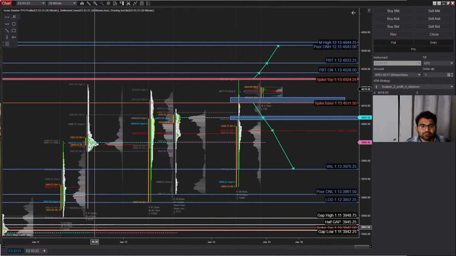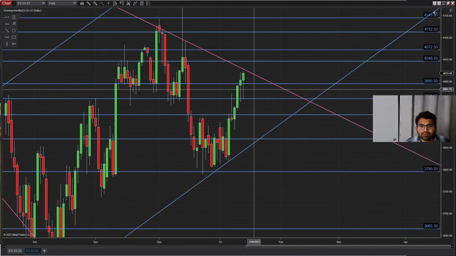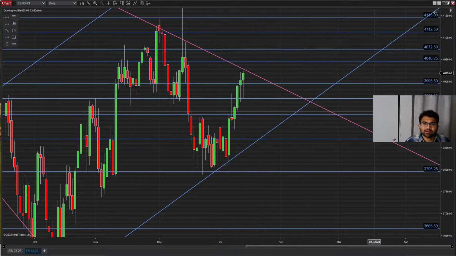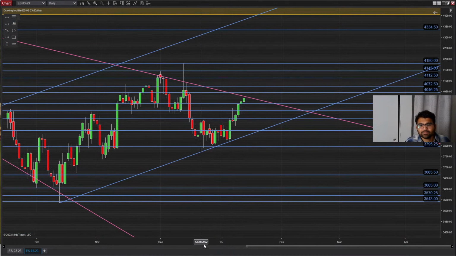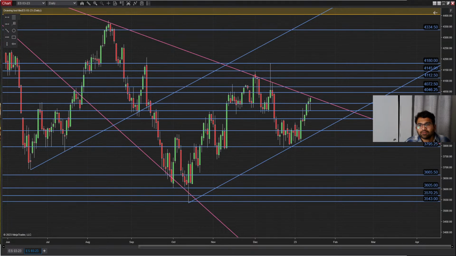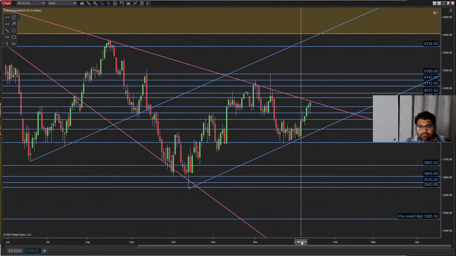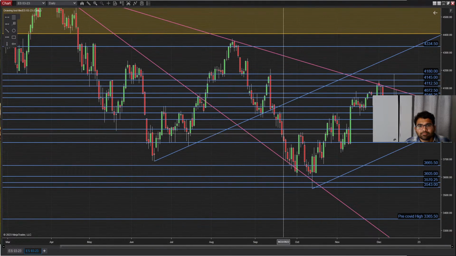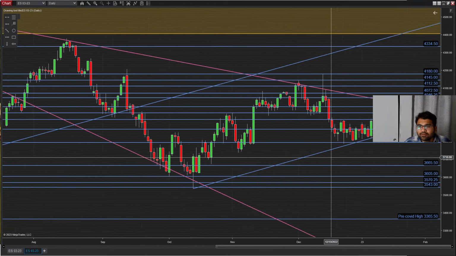So the trend on the daily is balancing even in the candlestick pattern view, and we are also approaching the trend line resistance from the all-time highs.